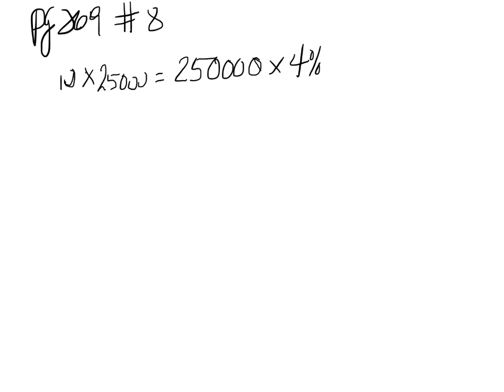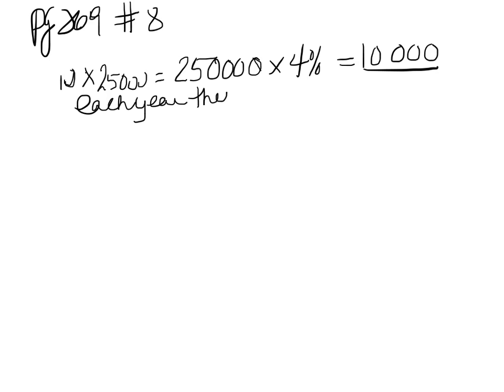So 250,000 times 4% gives us $10,000. So each year they are promised $10,000.